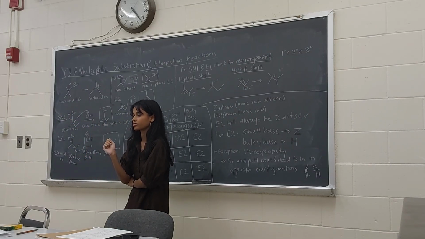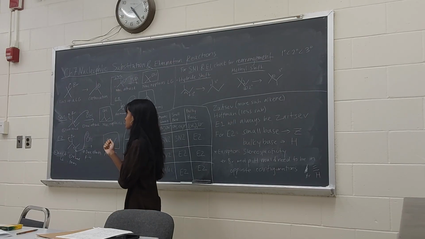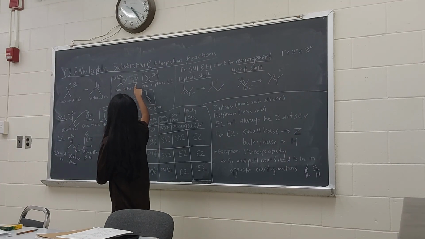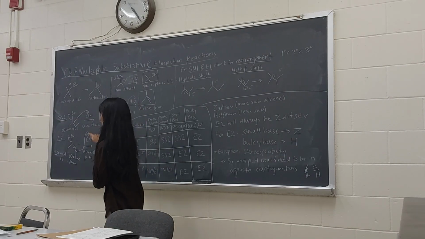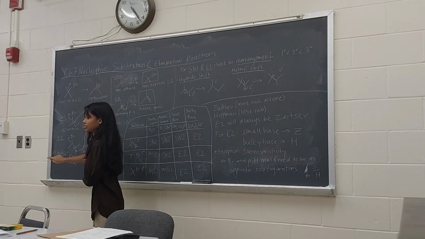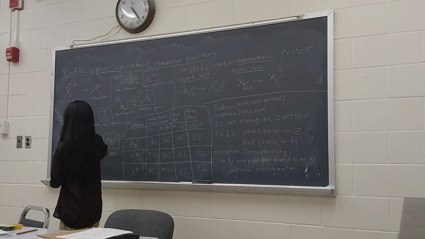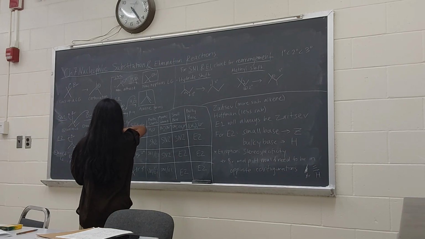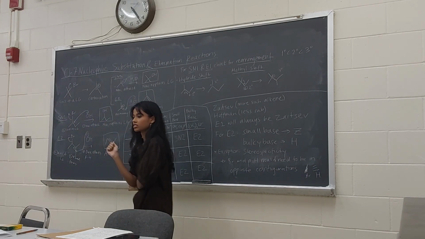And anything that's second order will always be one step, like SN2 and E2. So the difference we were saying was that SN1 and E1 is two steps. See how first the base attacks and then the leaving group leaves, versus here the leaving group leaves and then. I thought it was the opposite.